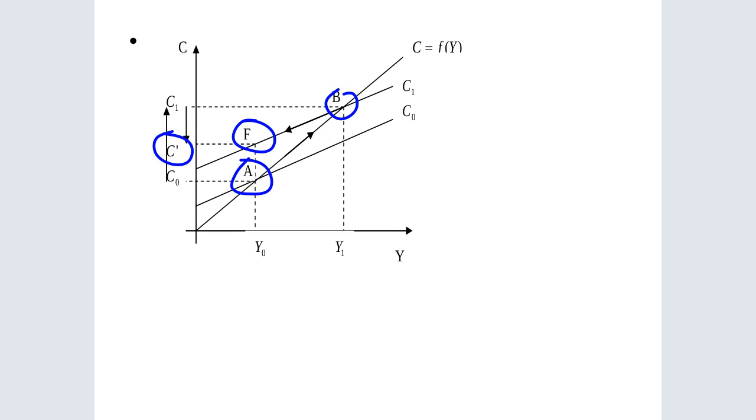That's why we mean that when income rises, consumption rises, but when income falls, consumption does not. In this case, the income has reduced from Y1 to Y0, but consumption has not reduced back to point A originally. Instead, the consumer has moved back using the short-run consumption function, which is C1.